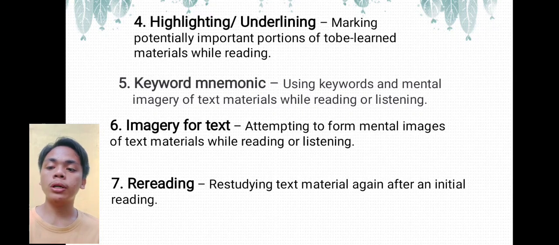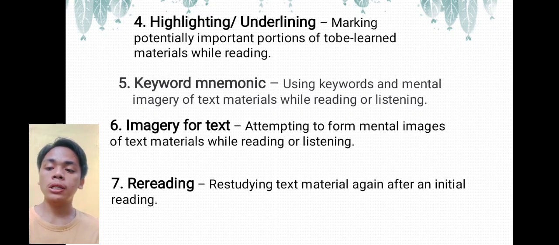Using keywords and mental imagery of text materials while reading or listening, develop a mental image. Students struggling with the science unit on the solar system are trying to learn the planets' names and their order in the distance from the sun.